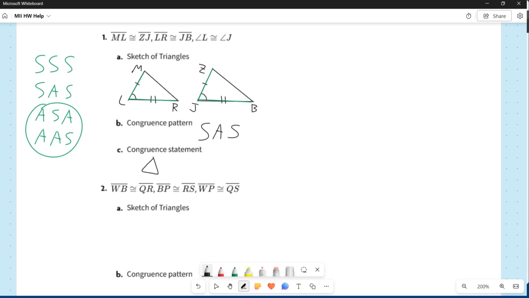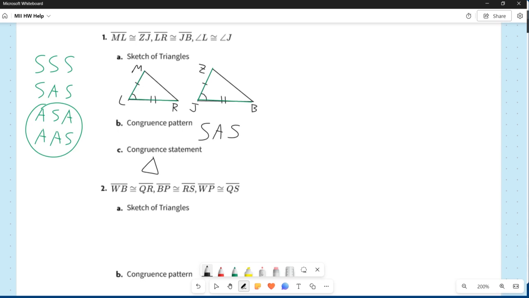Now, what you want to be careful of here is whatever order of letters you choose for one triangle, you need to make sure that the corresponding order in the second triangle is the same.